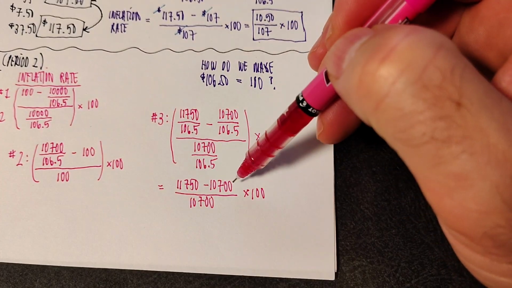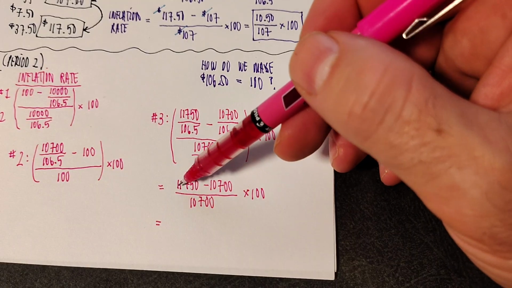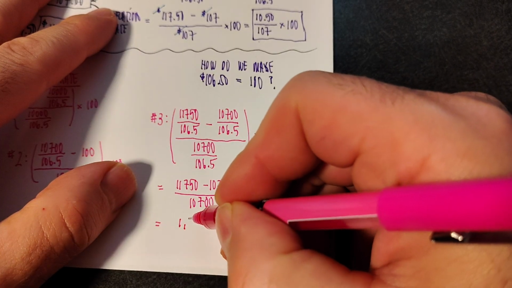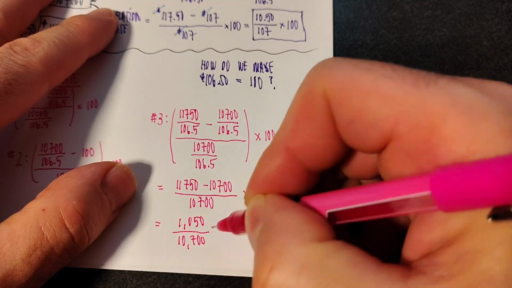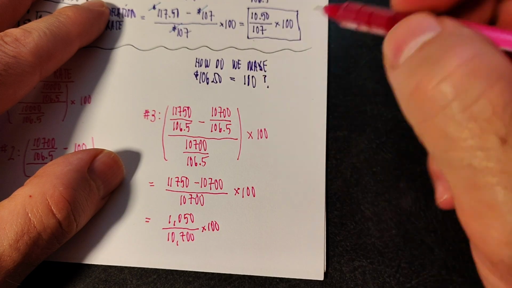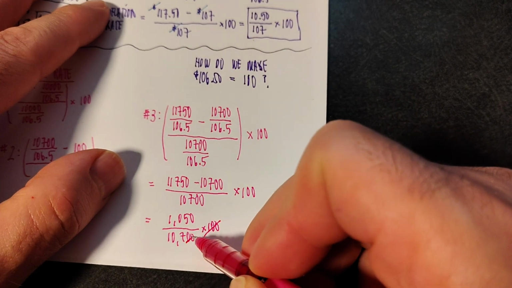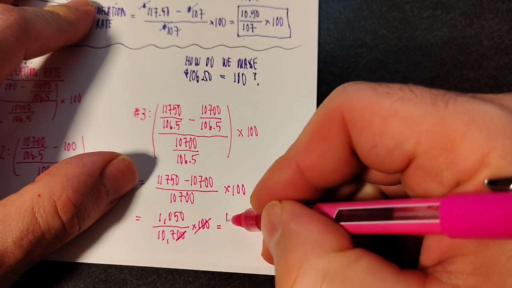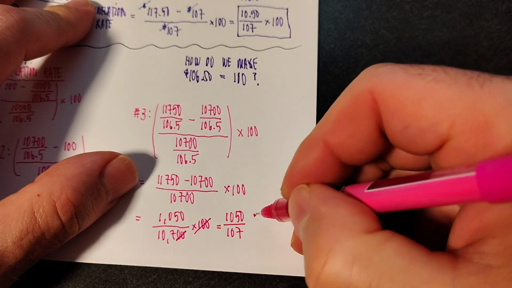Let me see if I can do this any simpler. There's a 50 here and a 1,000, so that'll be 1,050 over 10,700 times 100. You see this 100 here can cancel these 2 zeros here. And that just gives us 1,050 over 107, and this will be in percent.